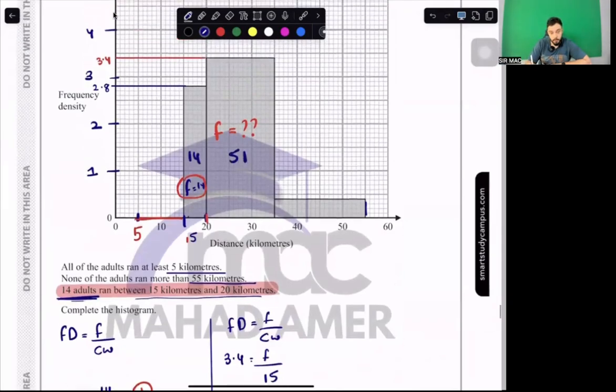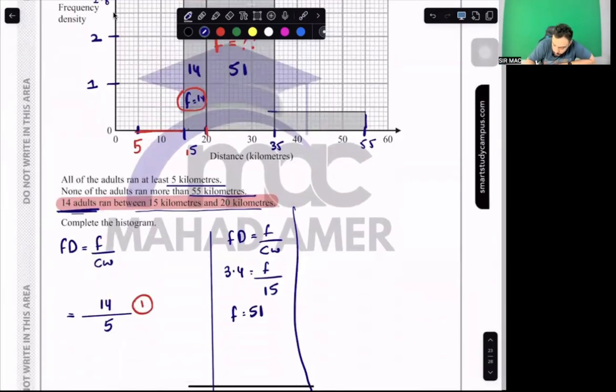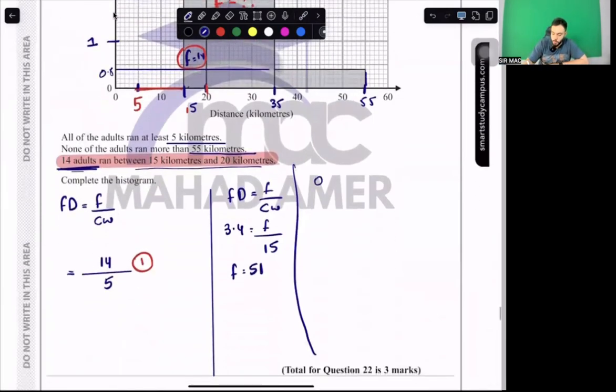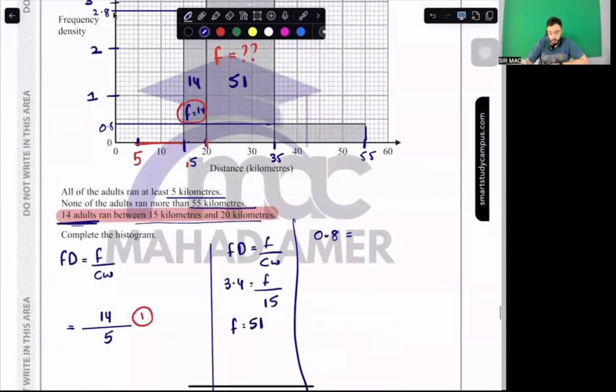Now let's calculate this one. Over here from 35 till 55, I would use the formula again. Frequency density is 0.8. So 0.8 frequency density is equal to the frequency that we do not have, over the width, which is 20.